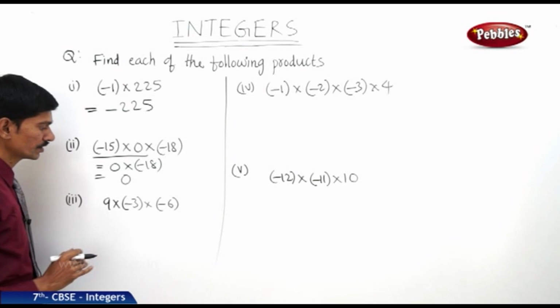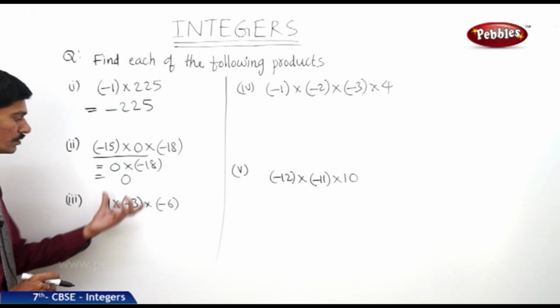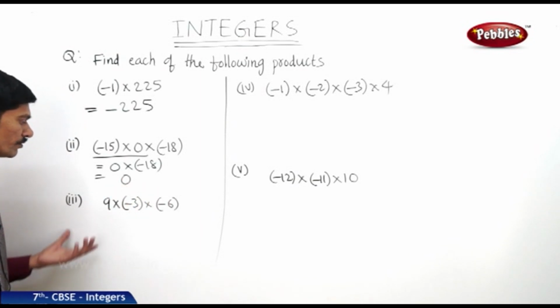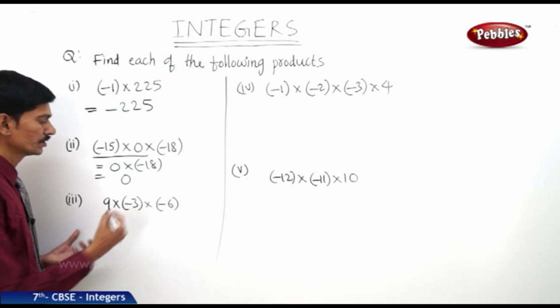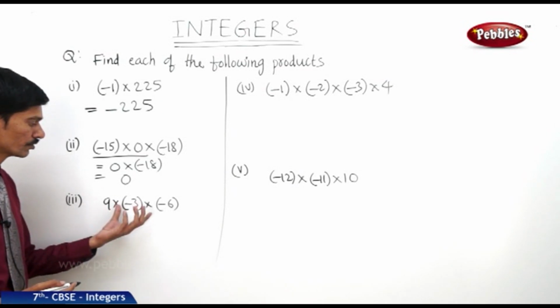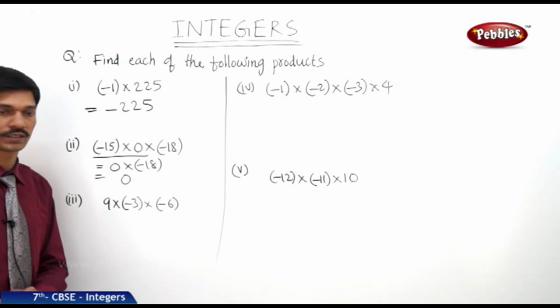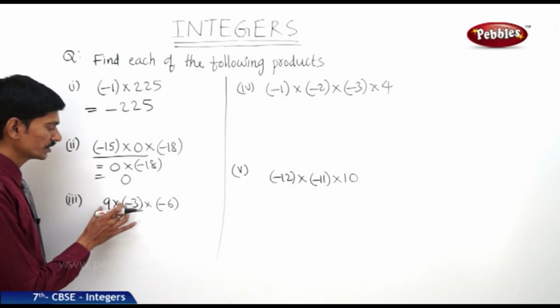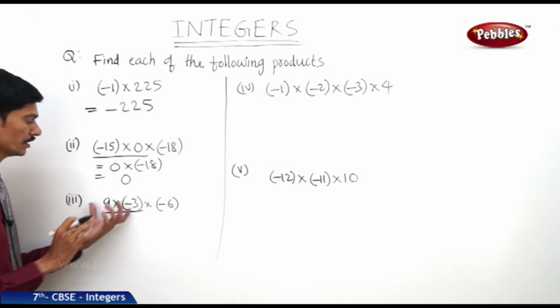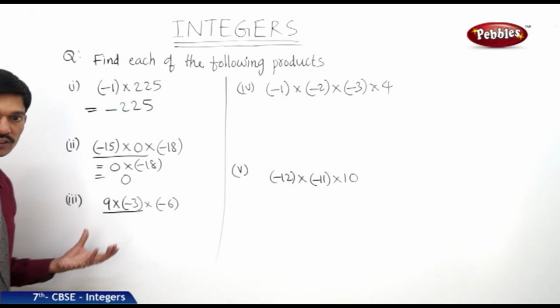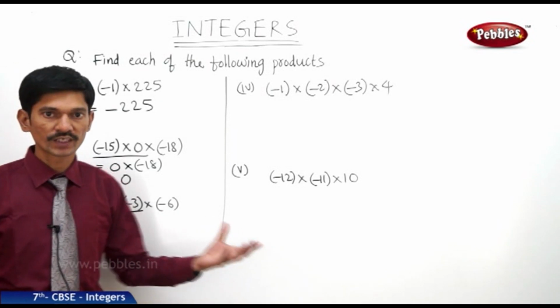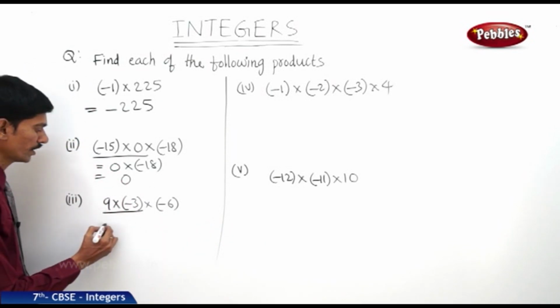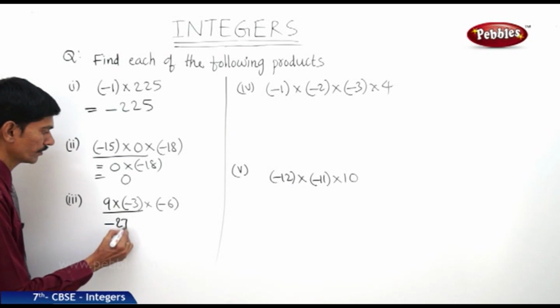The next, third question, 9 into minus 3 into minus 6. Here we can multiply any two integers, means we can group any two integers together. So first let us multiply 9 and minus 3. This is the product of a positive and a negative integer. What is the product of a positive and a negative integer? It is a negative integer. Minus 9 3s are 27.